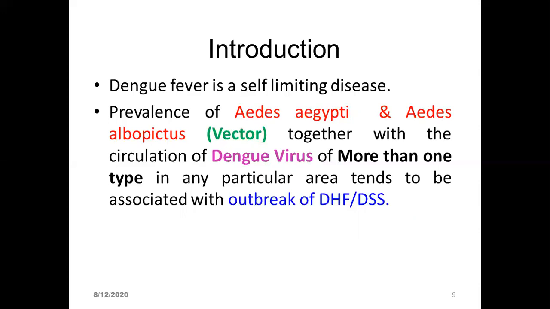It means that in any geographic area, if the vectors of dengue fever, those are Aedes aegypti and Aedes albopictus, are present along with more than one serotype of dengue viruses, there are 4 serotypes of dengue viruses, it will lead to outbreaks of dengue hemorrhagic fever or dengue shock syndrome.